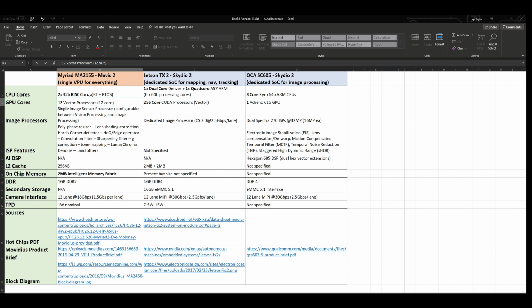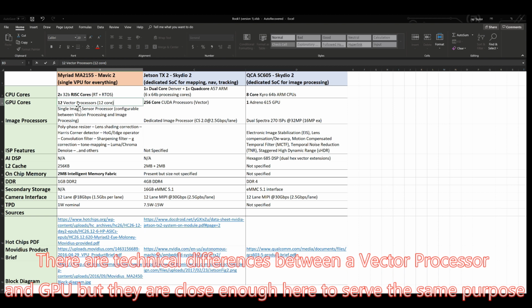One of these is a runtime processor, and the other one is for the bus interfaces and processing the data that's coming in off those bus interfaces, so stuff like USB, Gigabit Ethernet, I2C, I2S, those buses. It has 12 vector processors, so this is the equivalent of their GPU. They don't really call it a GPU, but you could essentially look at this as being a 12-core GPU, because a GPU and a vector processor are basically the same thing.